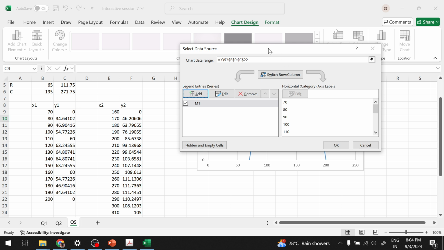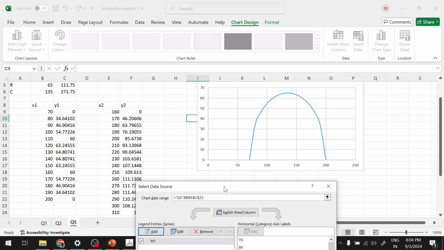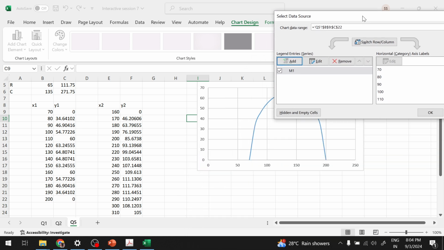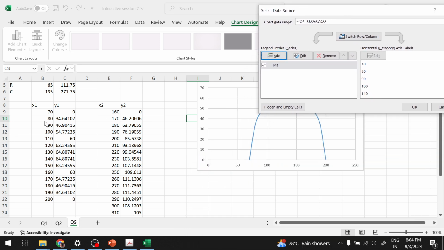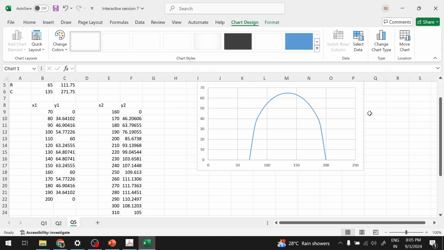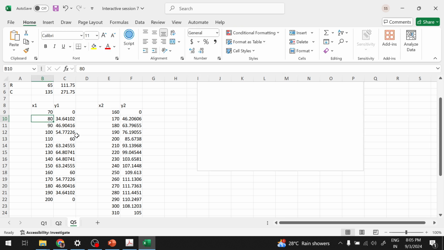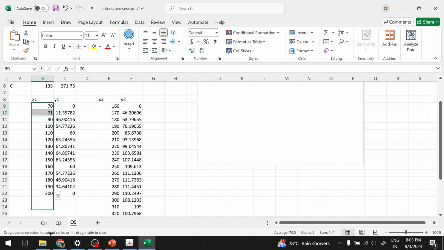Okay, I should have taken smaller. Actually, let's do that. Let's take smaller intervals. Let's say this is 71 and I'll take till 200.